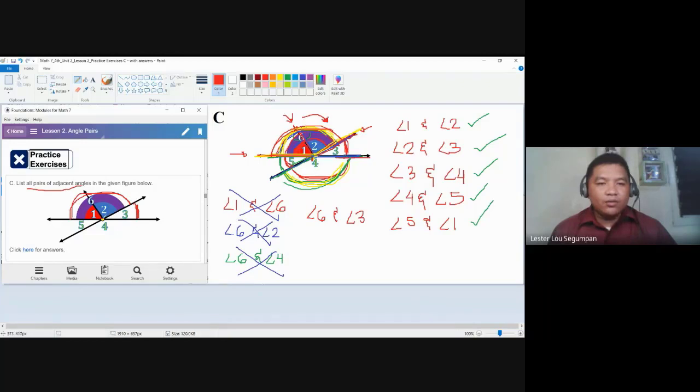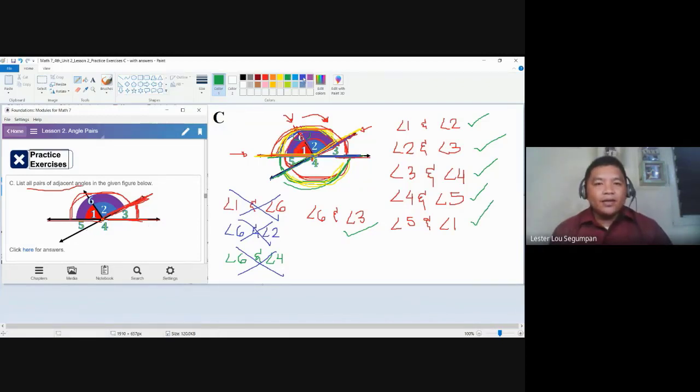They share a common vertex. The side of angle 6 is here and here, but this side is also a side of angle 3. So again, they share the same vertex, share the same side, and they do not overlap. That would mean angle 6 is adjacent to angle 3.